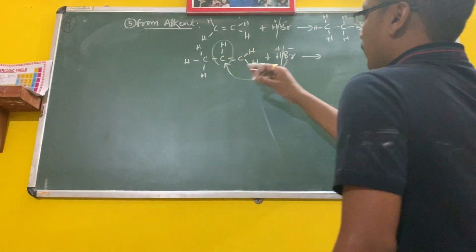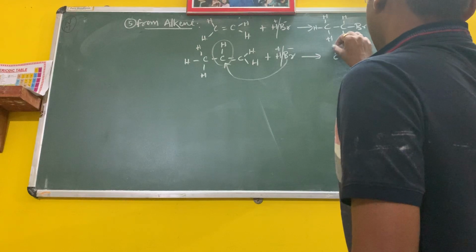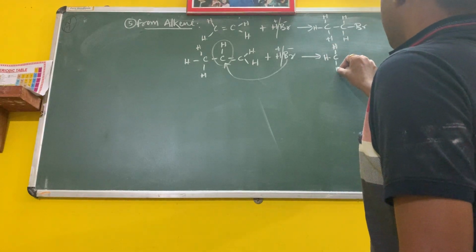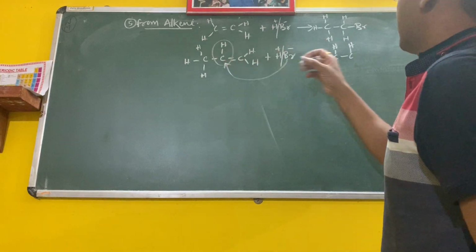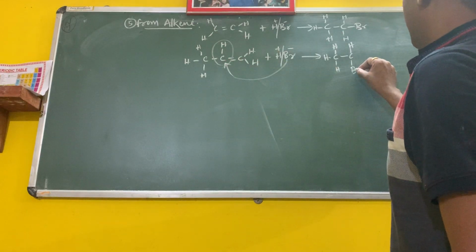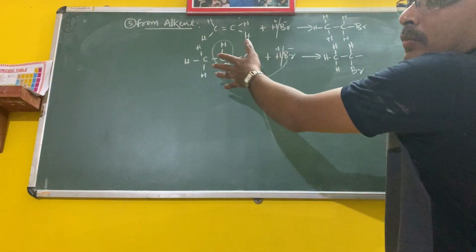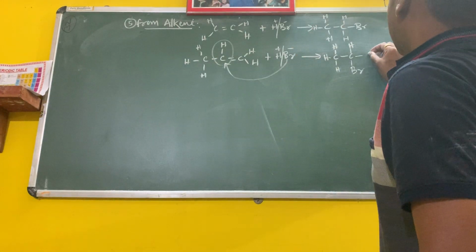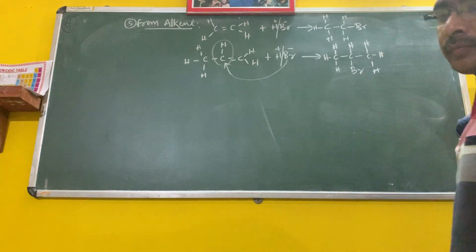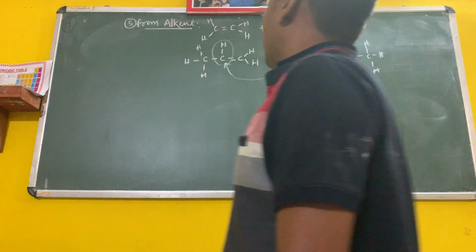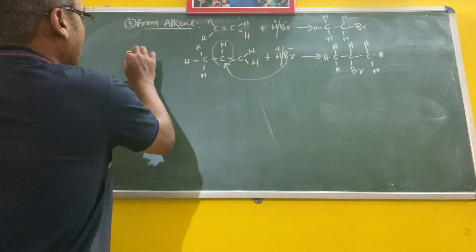So what will be the product? The double bond is broken to form a single bond, and this is the product. This process is known as Markovnikov's rule.